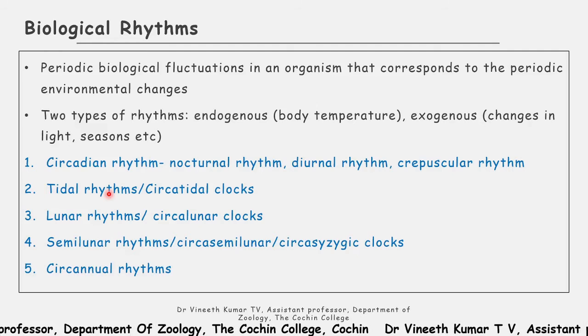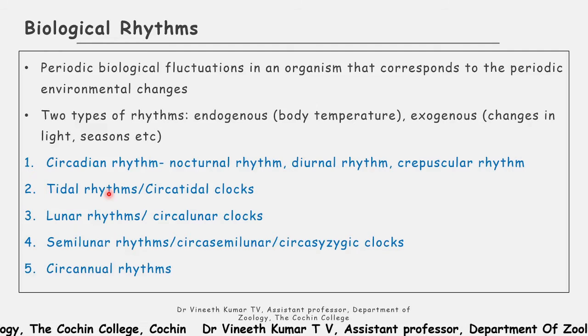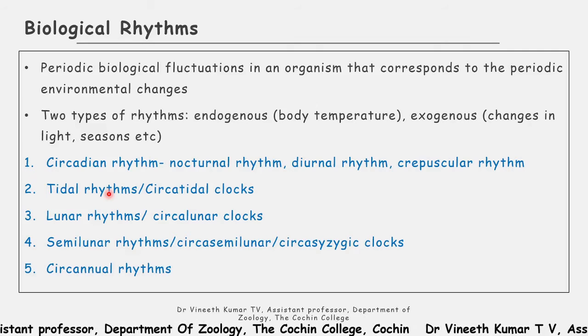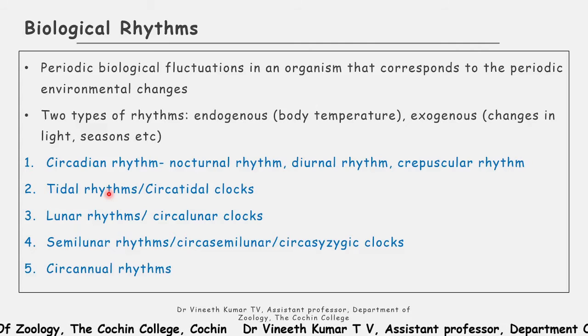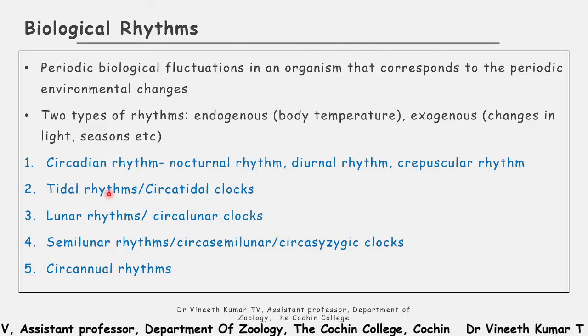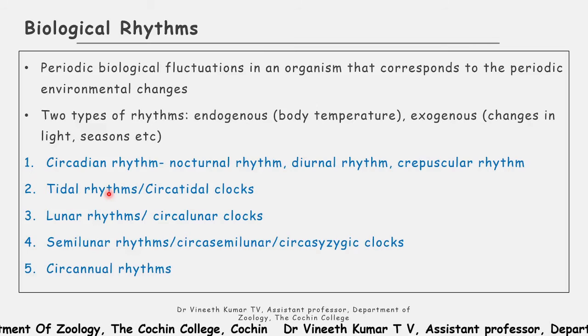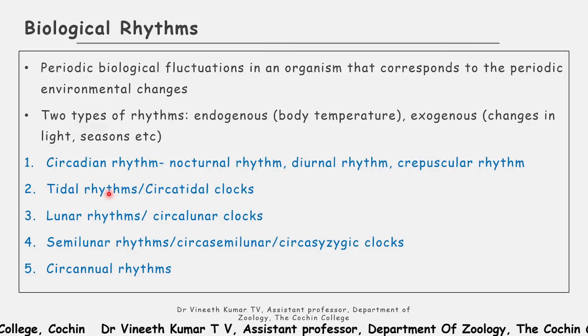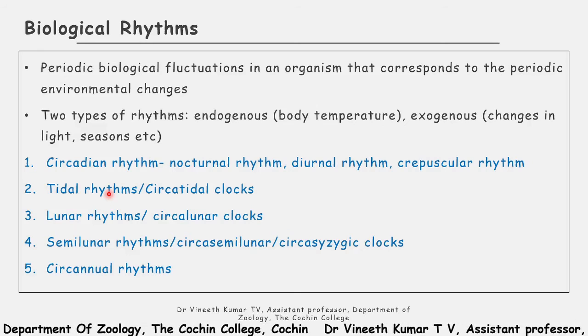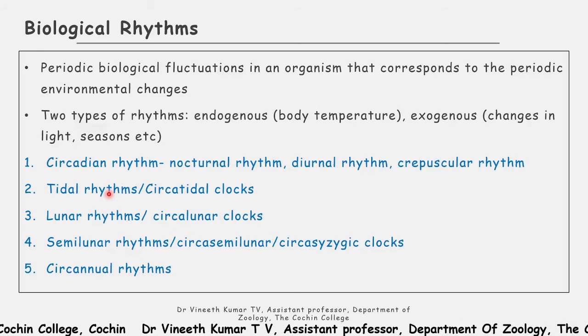So they show locomotory activity only during the spring tide. During the neap tide and the normal days, they remain inactive. They are sedentary, and their locomotory activity occurs only during the spring tide. That has also become cyclical in 15 days.